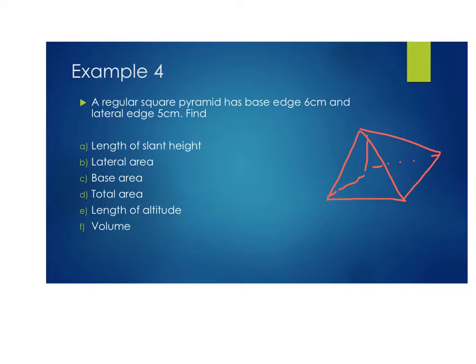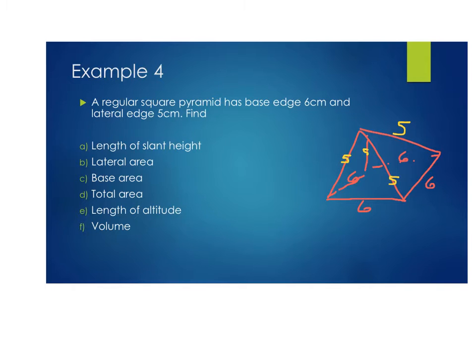It says a regular square pyramid has a base edge of 6, so that's telling me that all of these sides on the base are going to be 6. And then it says it has a lateral edge of 5. So this will be 5, this will be a 5, a 5, and there's another one back there, 5. So all of the lateral edges are going to be 5.